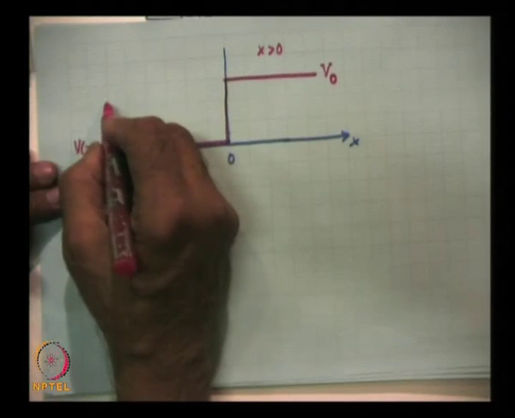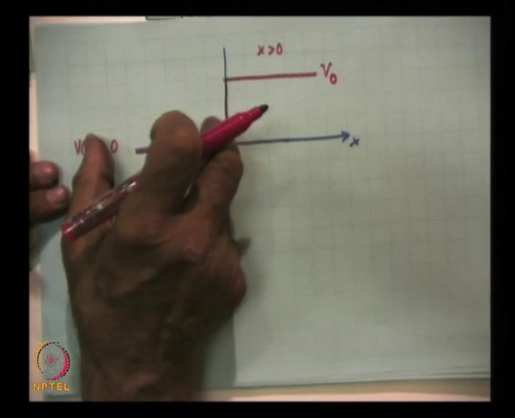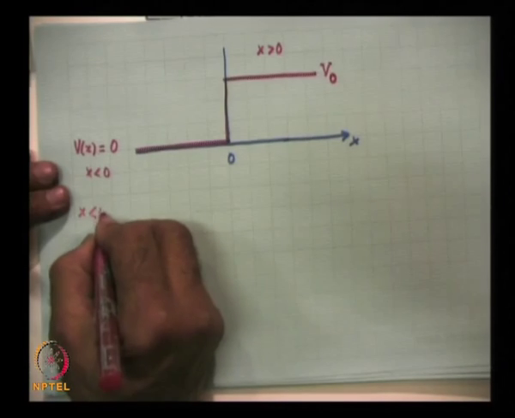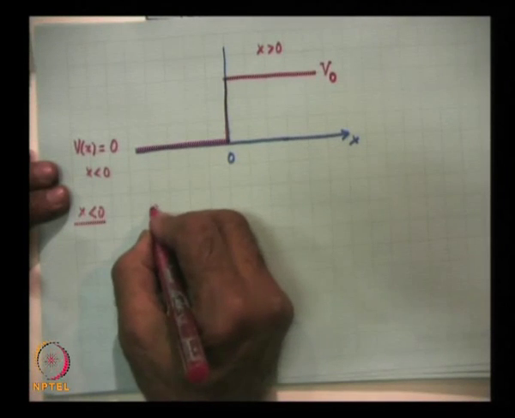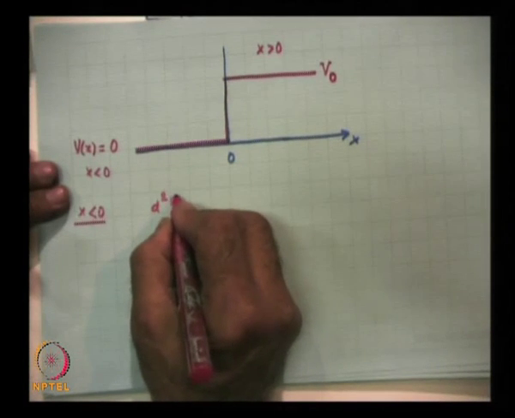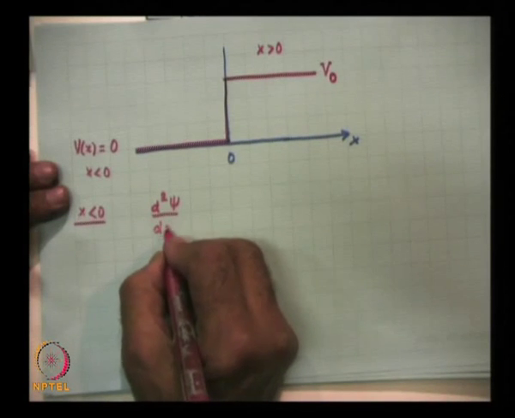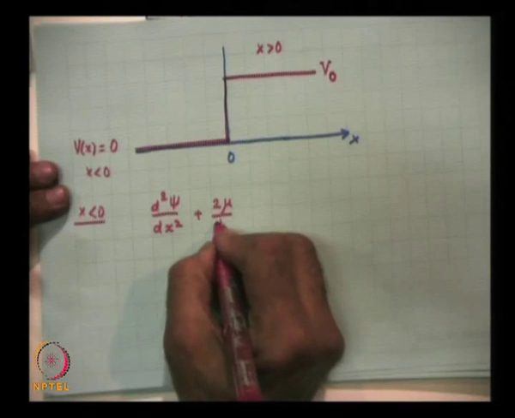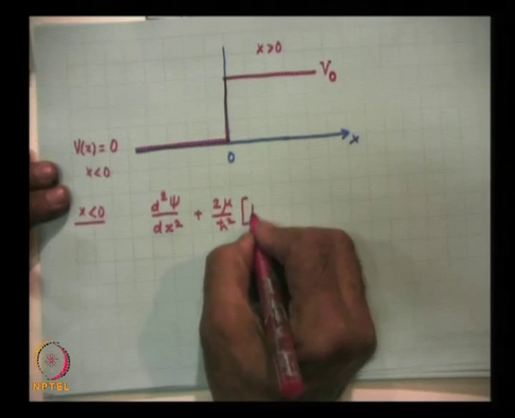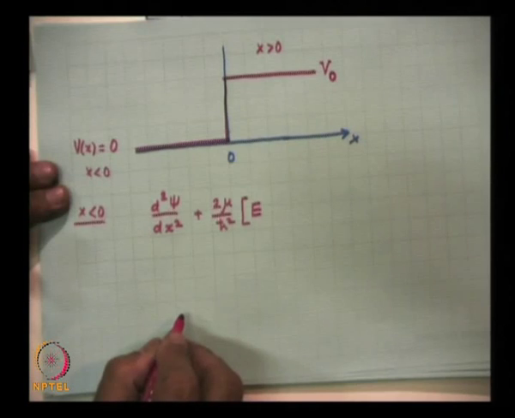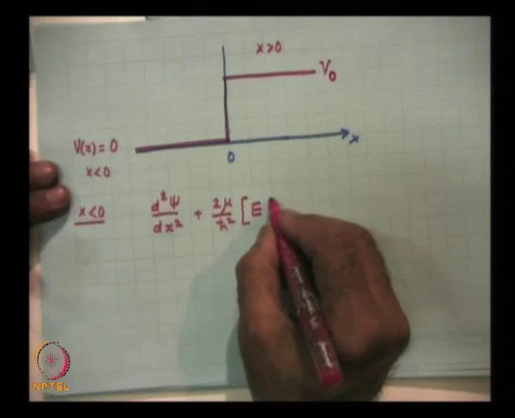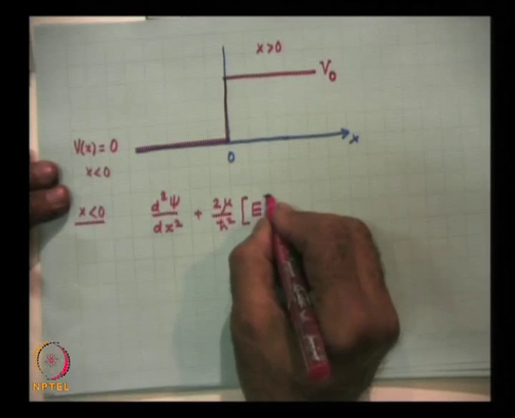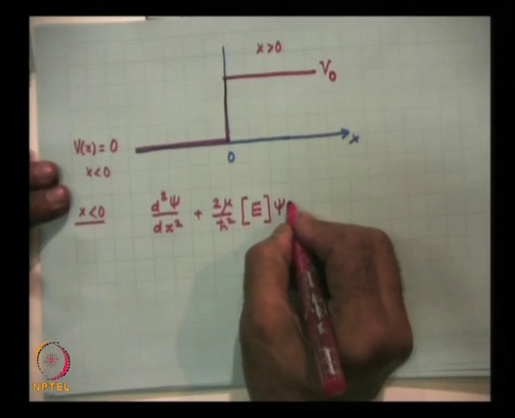So, therefore, the Schrodinger equation in this region for x less than 0 is d2 psi by dx square plus 2 mu by h cross square into E minus V of x, but V of x is 0 in the region x less than 0. So, my Schrodinger equation becomes like this.